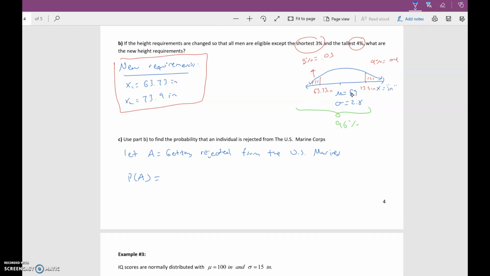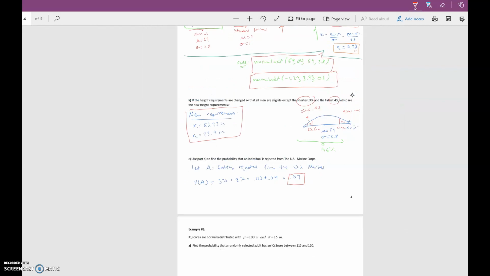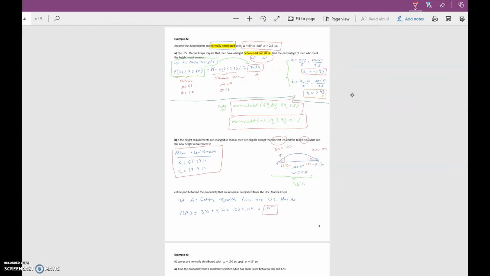Based on the problem, they're rejecting them if they're too short or too tall. So technically, 3% plus 4%, or 0.03 plus 0.04, is equal to 0.07. So based on the new requirements, the Marines are actually rejecting 7% of the population. In this case, this is for actual males.